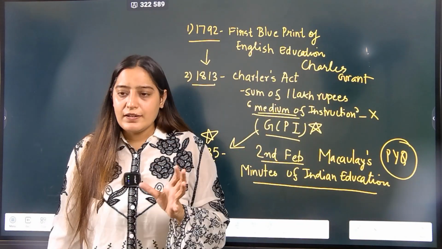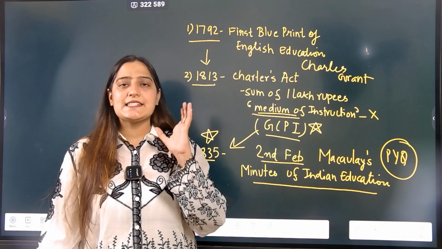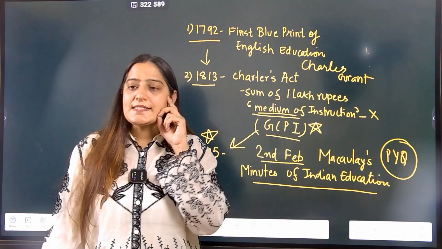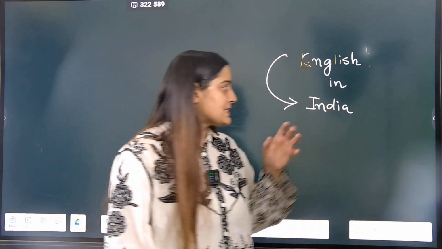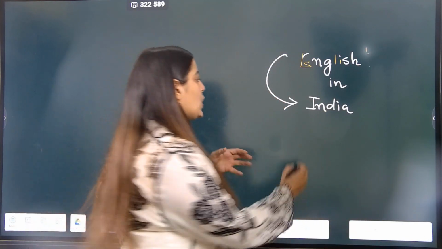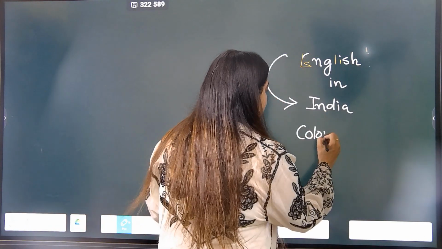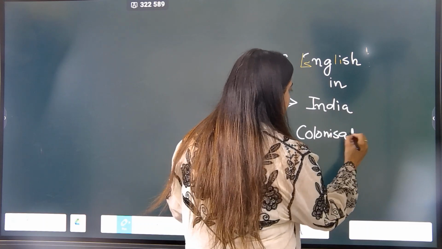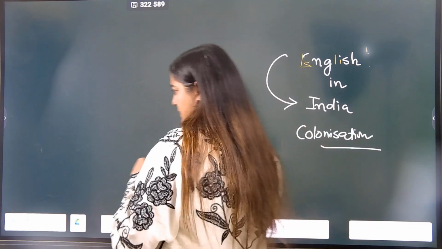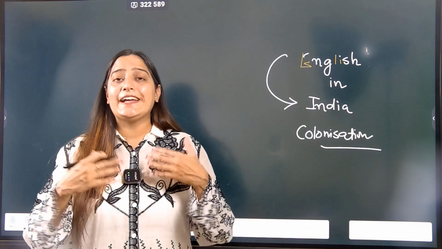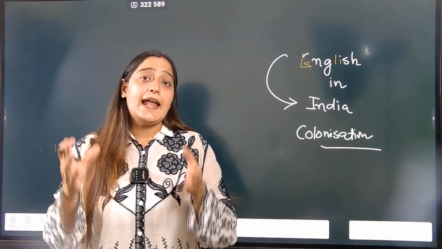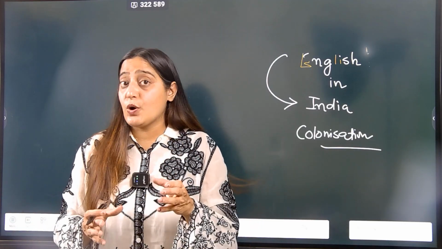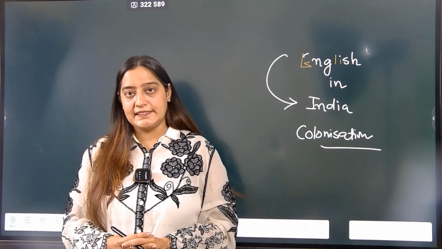I will start with the year 1792. The first thing you have to keep in mind is that English in India starts with colonization. The English people entered our subcontinent wanting to explore and expand their territory, and they chose the medium of colonization.